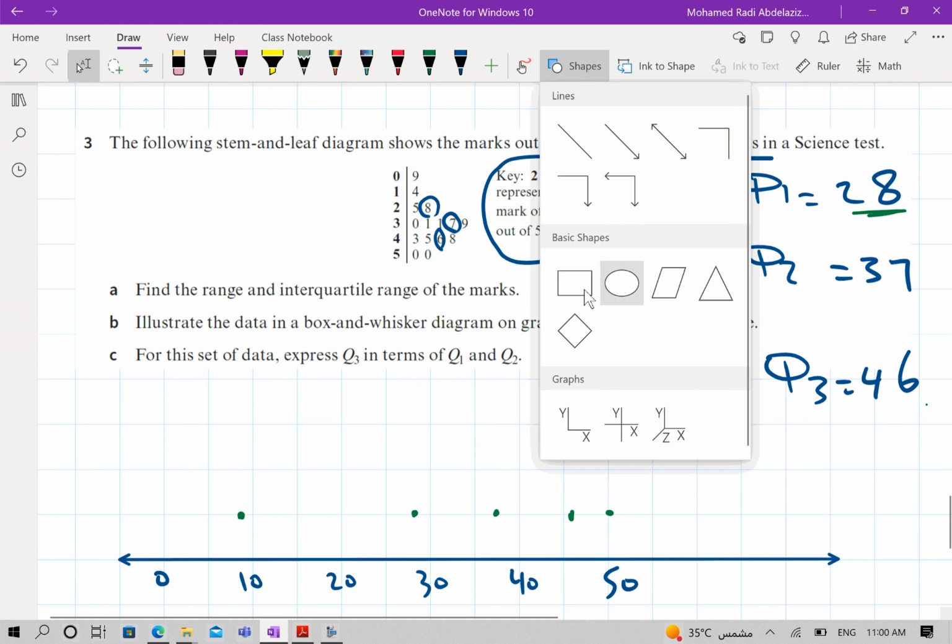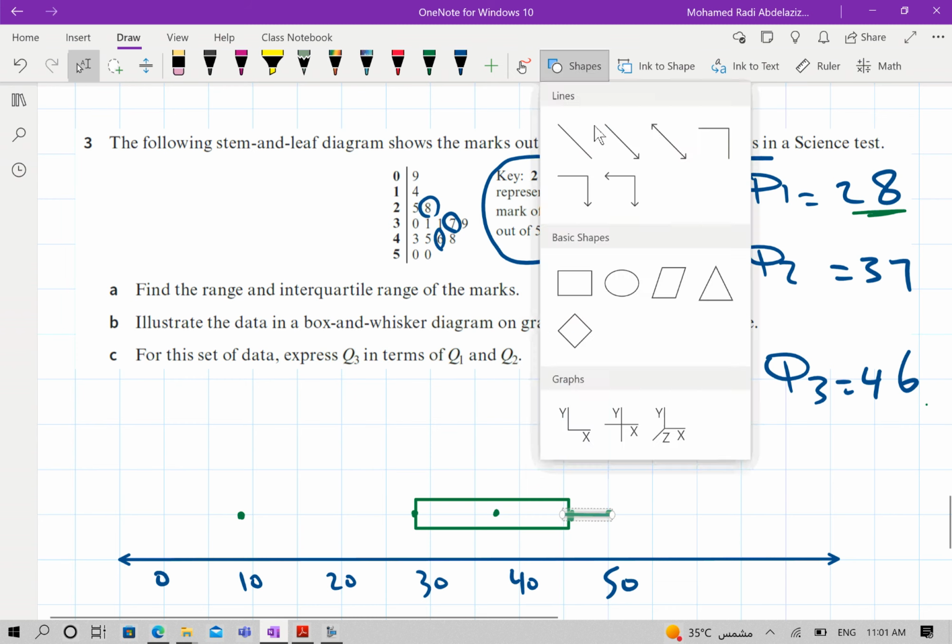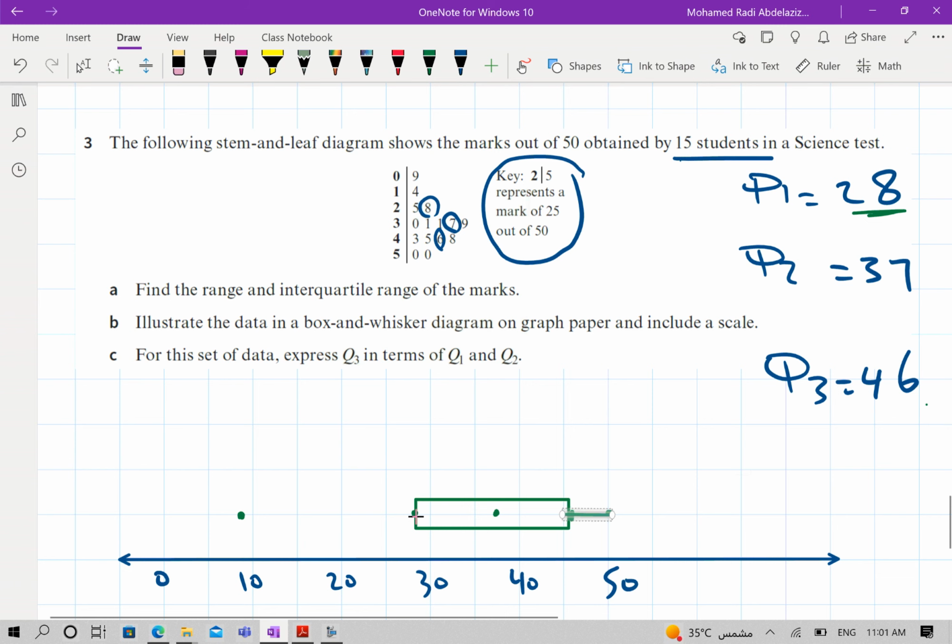Draw a rectangle at these values with any width and length. This represents the box. Then draw 2 whiskers, 2 lines: from Q3 to the highest value and another line from Q1 to the lowest. This is the box and whisker plot.